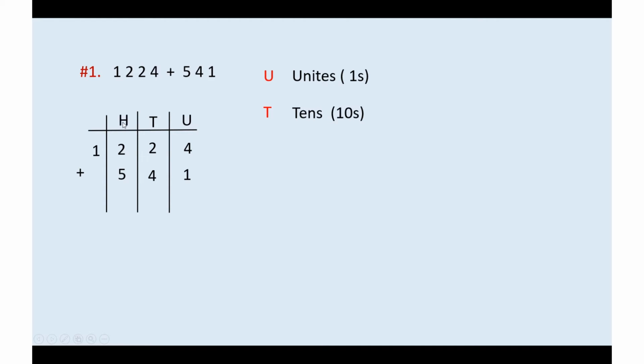This third column H. H stands for hundreds. And the last column we have TH. TH stands for thousands. So this is the units column, this is the tens column, this is the hundreds column, and this is the thousands column.